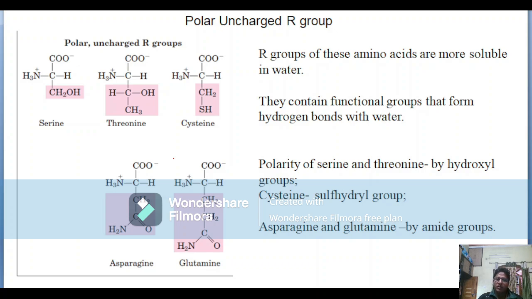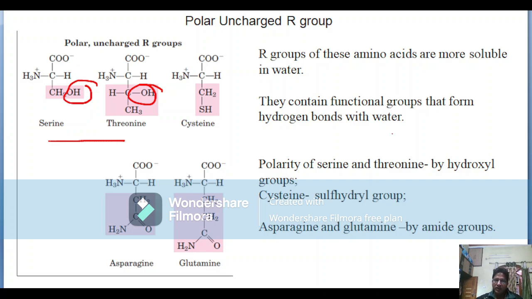Now we come to the polar uncharged group. The R groups of these amino acids are more soluble in water. Why are they more soluble in water? Because they contain a hydroxyl group, which can form a hydrogen bond with water. So the polarity of serine and threonine is contributed by the hydroxyl group present in their structure.